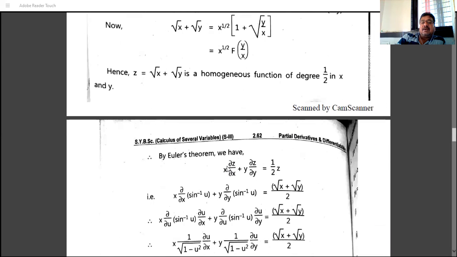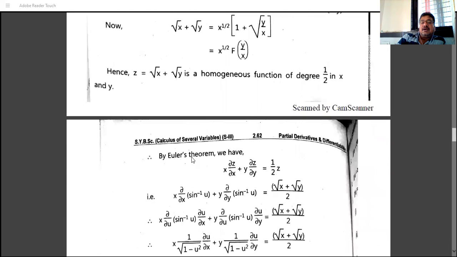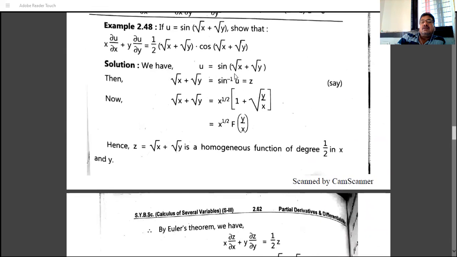And then by Euler's theorem, x del z by del x plus y del z by del y. This is the notation for this function: root x plus root y, or sine u, is denoted by z. So it is a homogeneous function of degree half. Therefore, by Euler's theorem, x del z by del x plus y del z by del y is nz, that is 1/2 z. And then substitute z as sine u. There are two values.